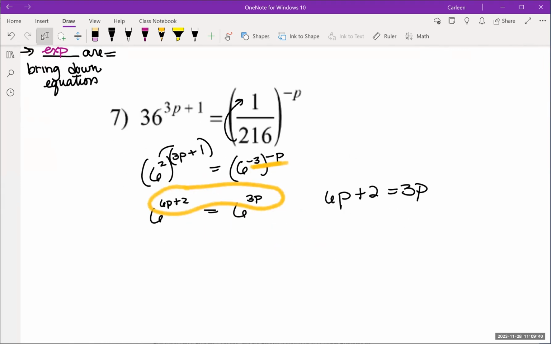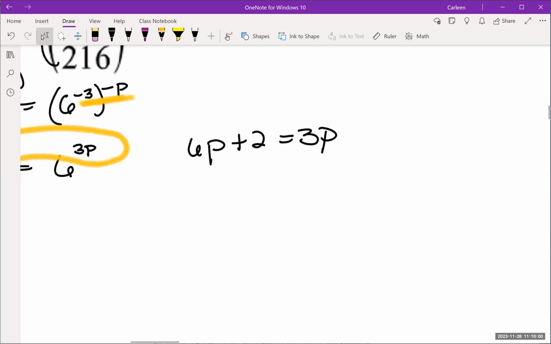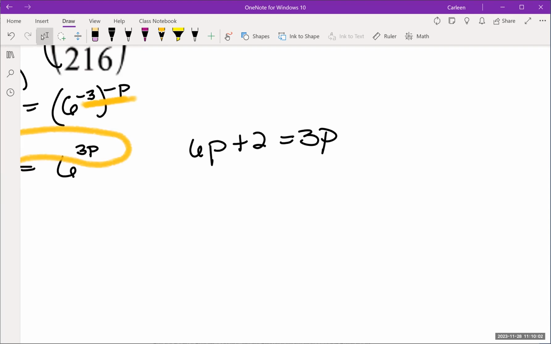And now I solve. Okay, who do you want to move? Depends on how comfortable you are with negatives. Okay, which term should we move next? There's 2 ways you could go here. Let's do it.